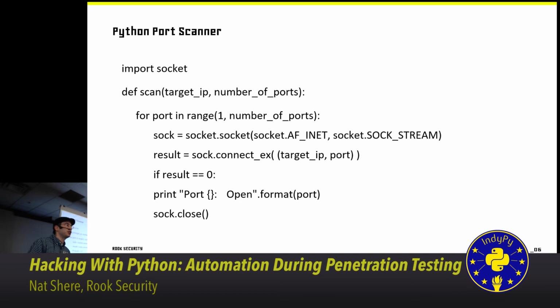Your HTTP service, your FTP service, your mail service, anything like that, is going to be running on a specific port. So the first step as a hacker is to determine what services are running, and that means what ports are open and listening for connections. Within 8 lines, you have a working port scanner. You specify the number of ports you want to test, and it'll tell you which ones are open and which ones you can start hacking.